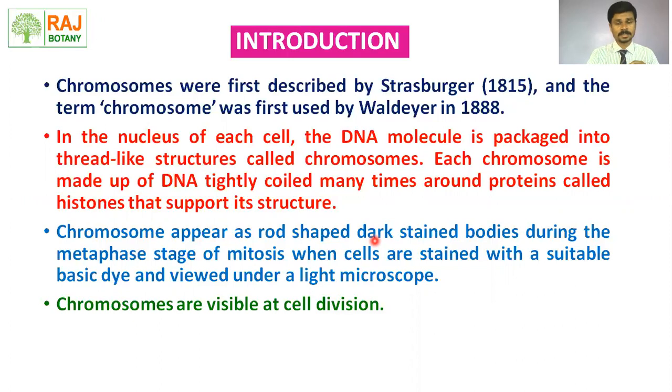We take the tip portion, apply the stain, and mash it. These onion root tips are meristematic cells, which have the capacity of continuous dividing, and in these continuously dividing cells we can see the chromosomes. Hence, chromosomes are visible only at cell division.